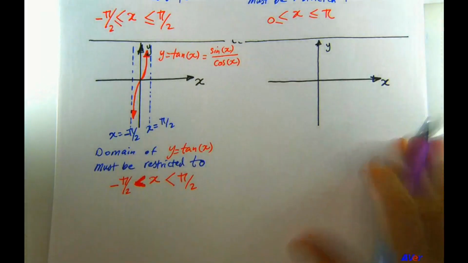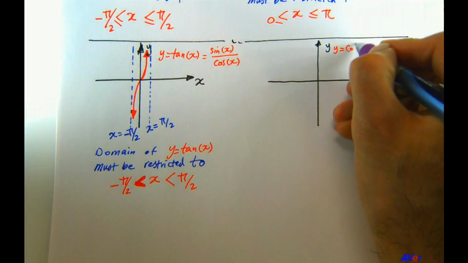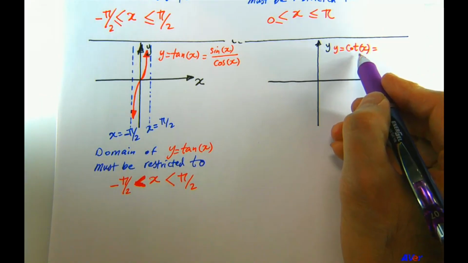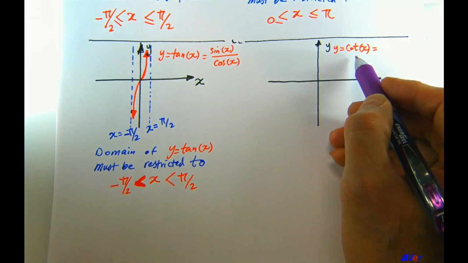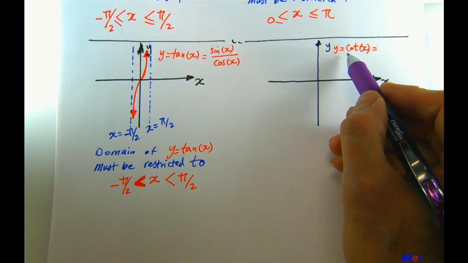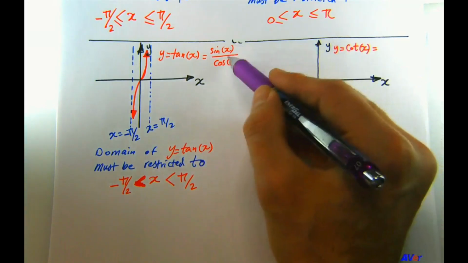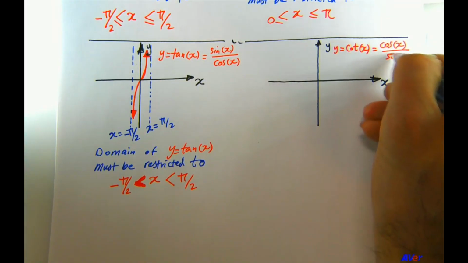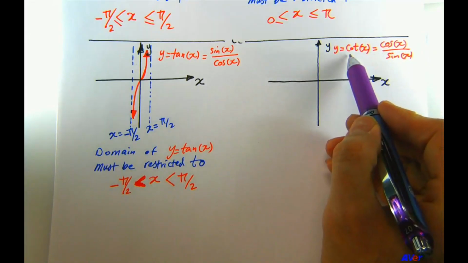I think I can fit it in this corner. Y equals cotangent of x. What connection does this function have with the tangent function? Well, it's the reciprocal. Cotangent function is the reciprocal of the tangent function, and vice versa, right? So if I flip these, if I write cosine of x over sine of x, I'll be able to get the formula for the cotangent function.